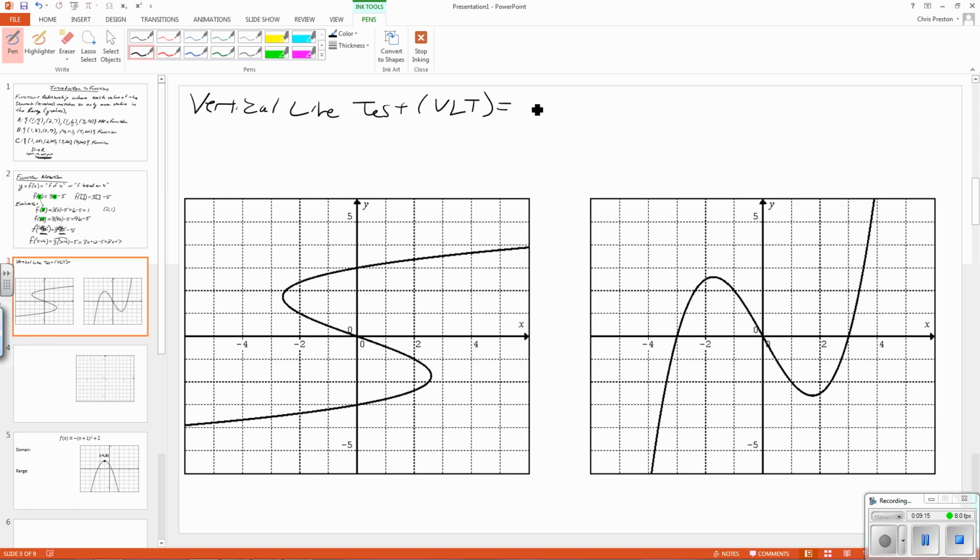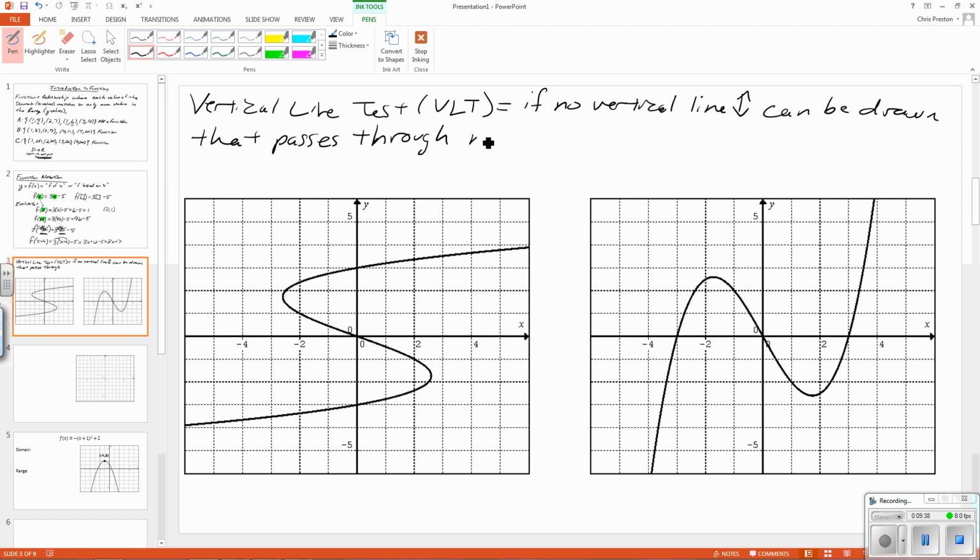So the vertical line test says if no vertical line, and remember vertical lines go straight up and down, no vertical line can be drawn that passes through more than one point on a curve, then it represents a function.